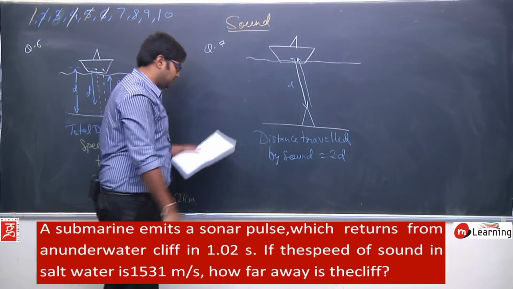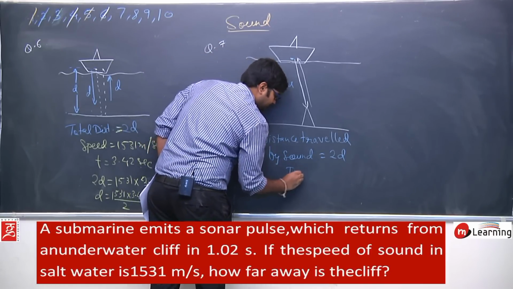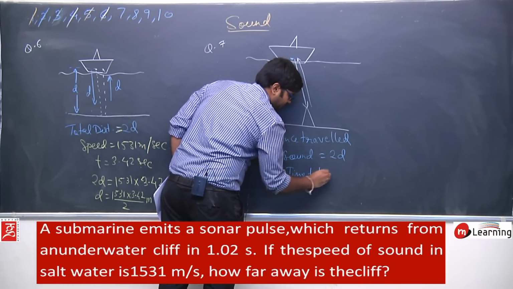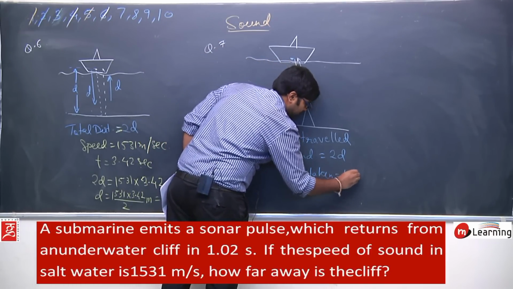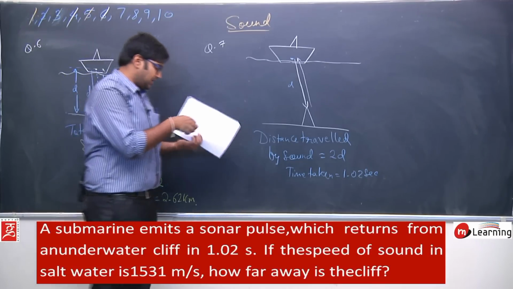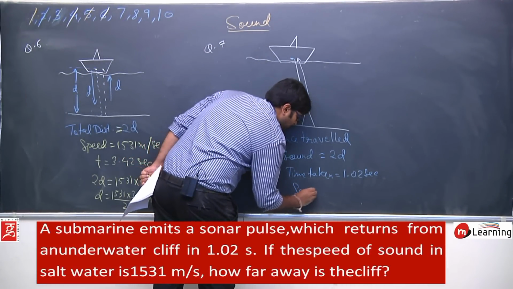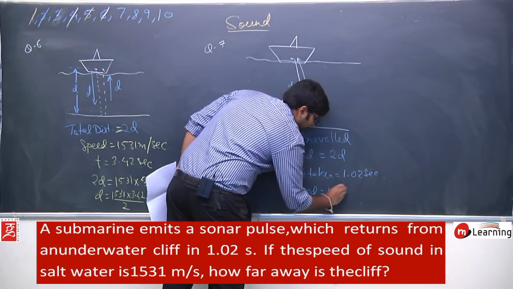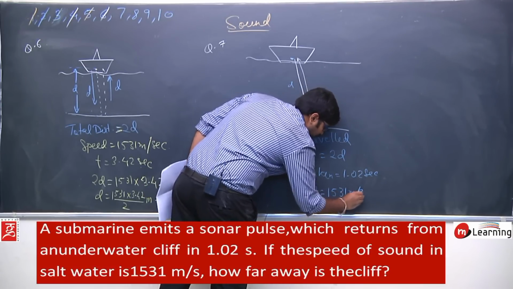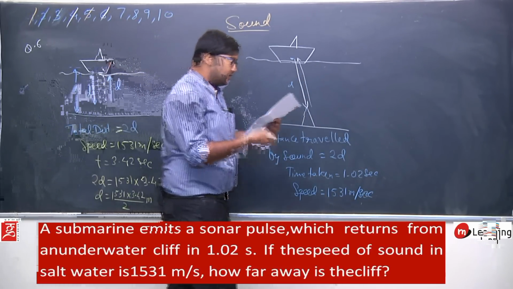What is given: the time taken is 1.02 seconds, and the speed of sound is given as 1531 meters per second. So how far is the cliff?